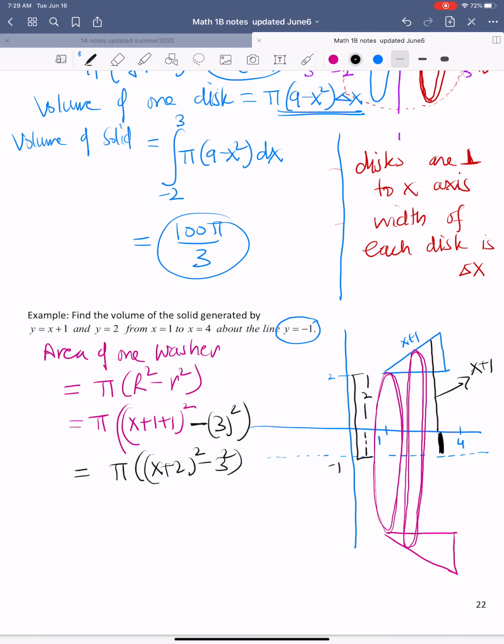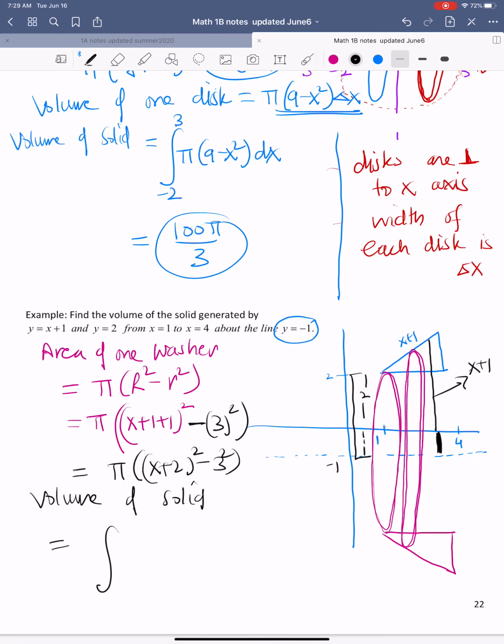Once you have the area of one washer, we are ready to write the volume of the solid. The volume of the solid is going to equal the integral wherever the washers start and end. They start at x equals 1 and they end at x equals 4.